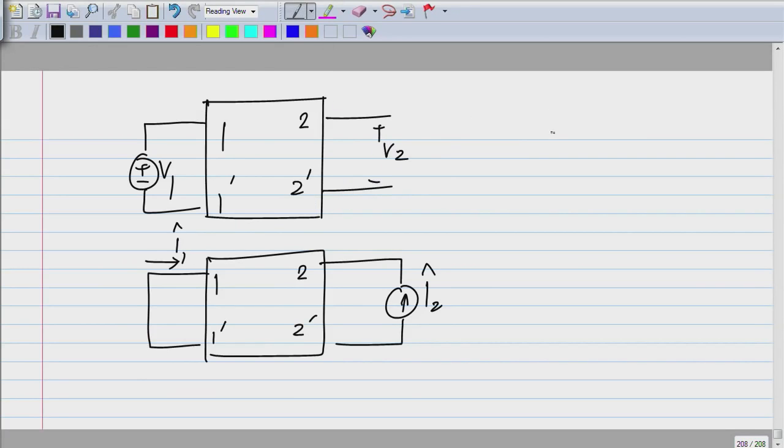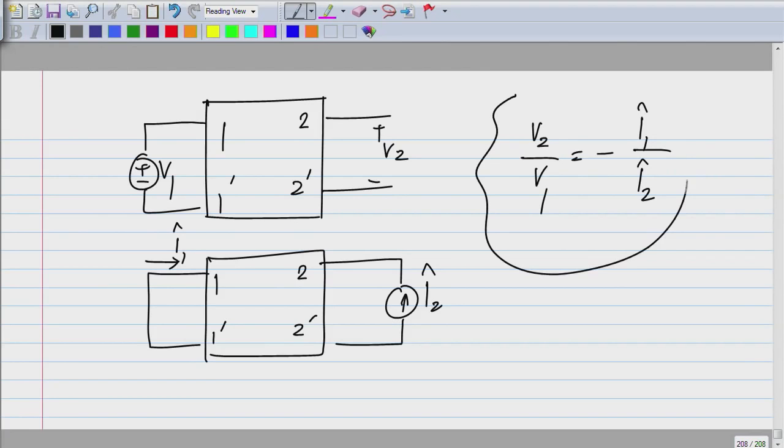And in this case also reciprocity is true. We saw that V2 by V1 equals minus I1 hat by I2 hat. Now this will have an implication of another set of two-port parameters. So I hope this is clear.